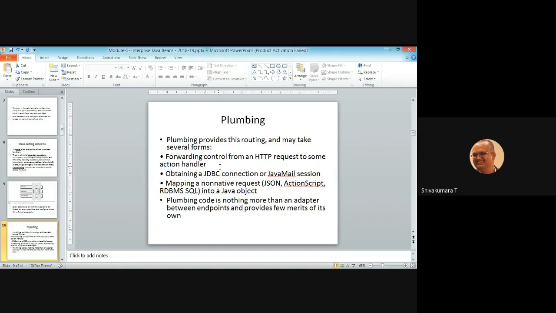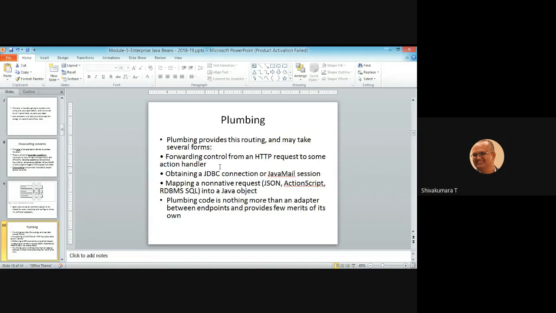SBI manager, clerk, cashier, field officer, all those are called native to the SBI bank application. Me, myself, you, other people who are not a part of the application are called non-native. So whatever request we make from our end to the SBI application becomes a non-native request.